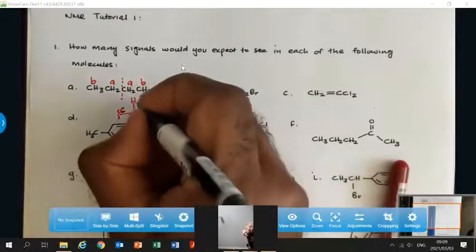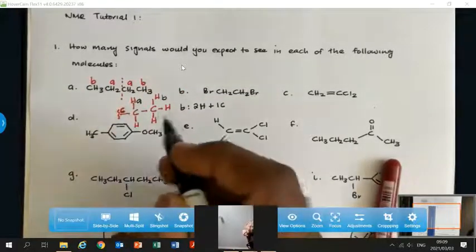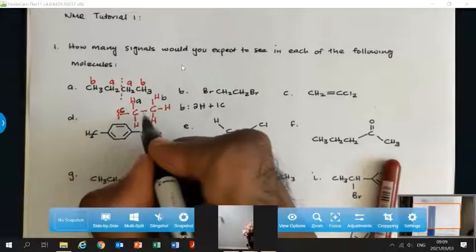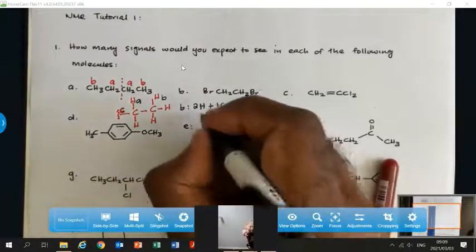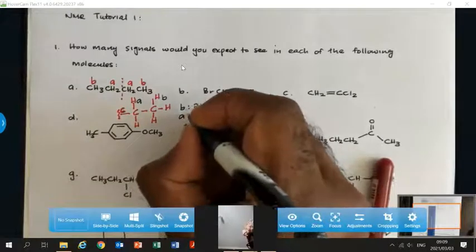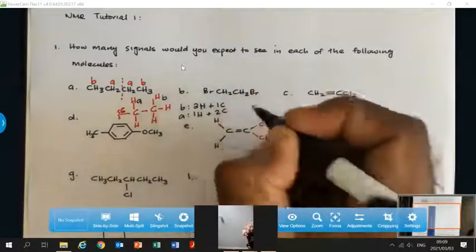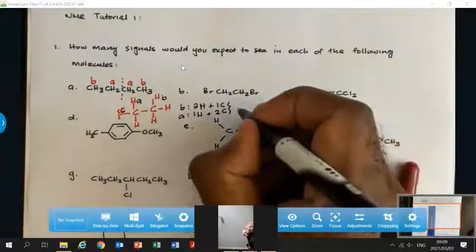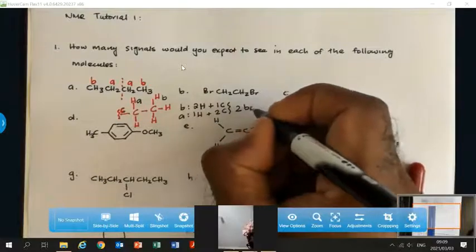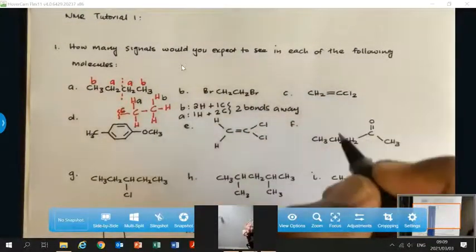And then if I look at A, this hydrogen A here, I can say it's next to a carbon and a hydrogen. So I can say A is next to 1 hydrogen plus 2 carbons. And all these here, we can see are 2 bonds away.